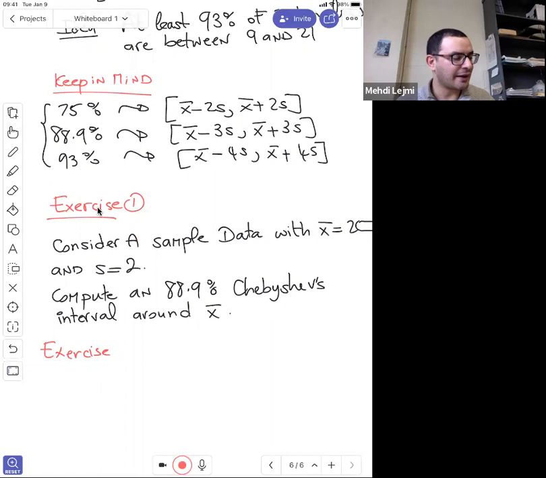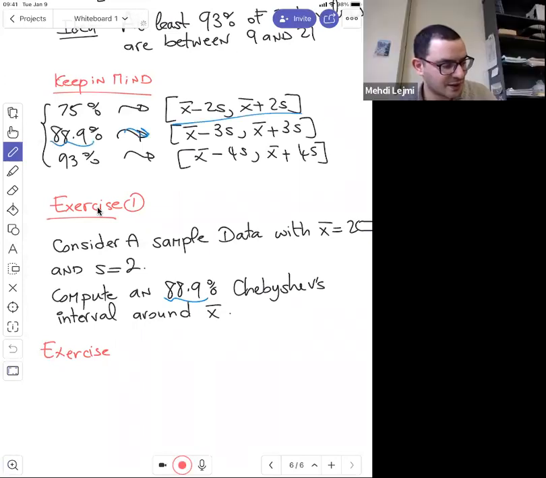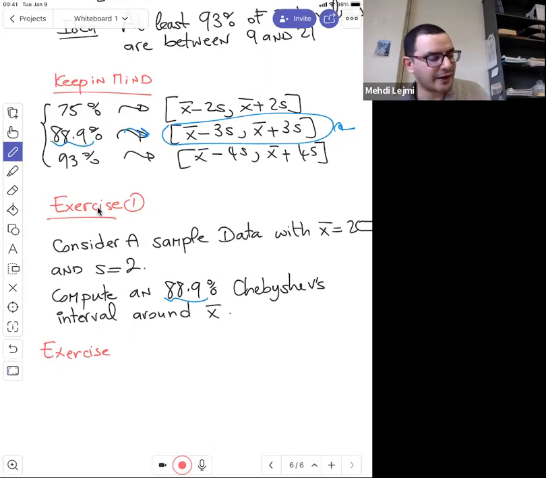But the idea, you see this percentage, the 88.9? This 88.9 corresponds to this interval, x bar minus 3s, x bar plus 3s. If you see 75, 88.9, or 93%, the idea is to compute this interval, the one here in the blue circle.